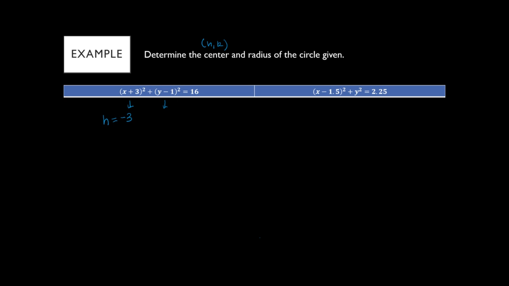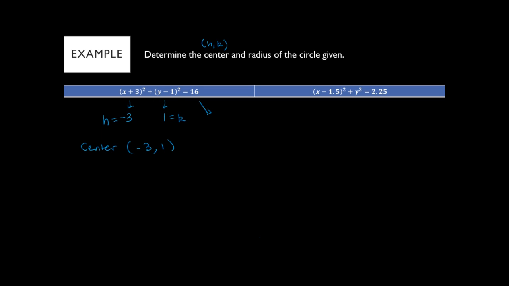And so then we have y minus 1, so 1 is going to be k. So whatever's in parentheses, you take the opposite sign of in order to get your h and k. So our center is h comma k, and negative 3 comma 1.